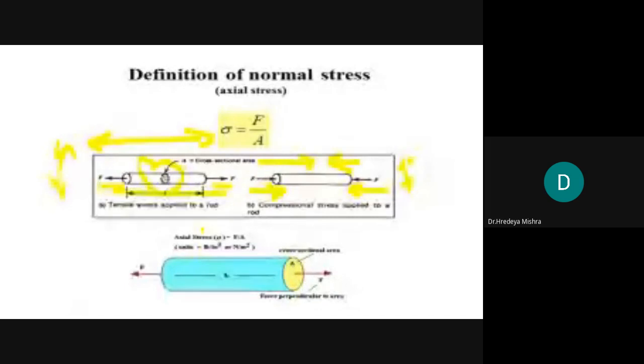The stress produced in the axial direction, in the direction in which your force is applied, whatever stress is produced, that is the axial stress. On the axis on which the force is applicable for the deformation, the stress is equal to F upon A. What is F? F is this applied force, and what is A? A is the cross sectional area.